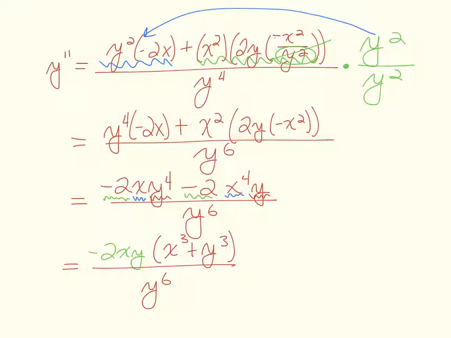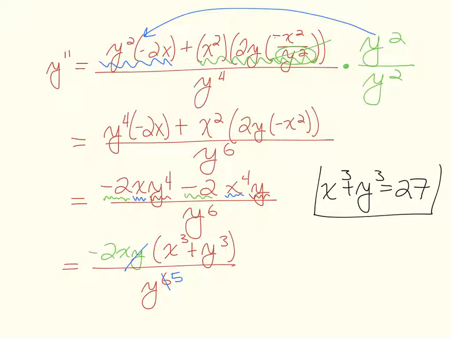We can then cancel one of these y's with one y in the denominator, and we can even simplify x cubed plus y cubed. Way back at the very beginning, we had the function that was given to us, x cubed plus y cubed equals 27. And this was given.